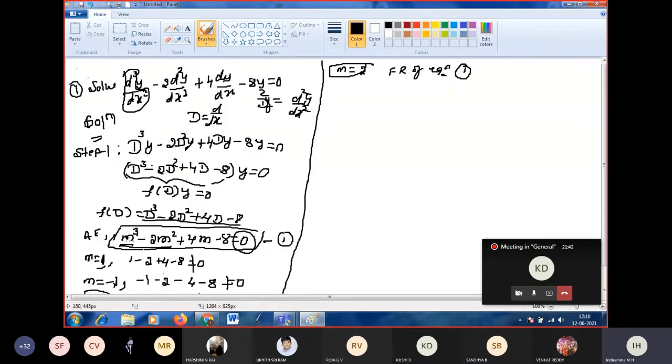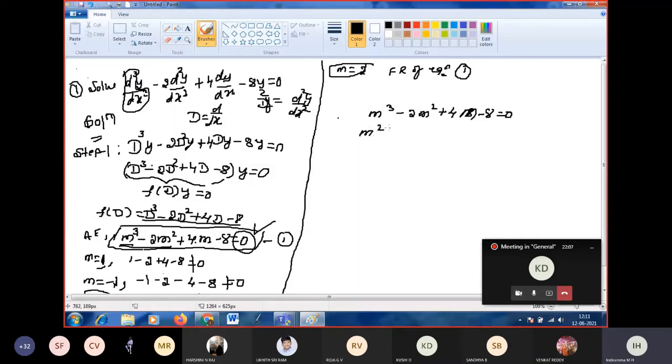Here if you take m square common, it becomes m minus 2. If you take 4 common, m minus 2. Can we easily factorize this one? You can try for that also. m cube minus 2m square plus 4m minus 8 equal to 0.